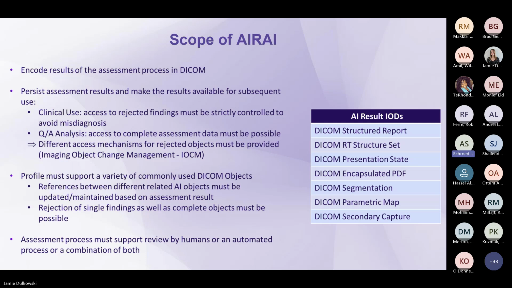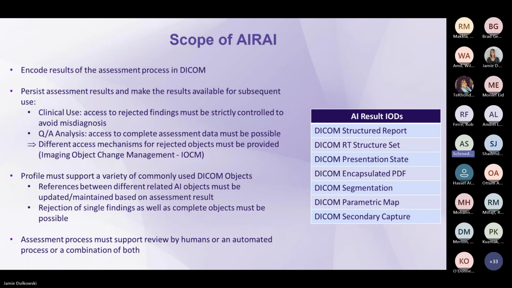So for the scope of this profile, what we wanted to achieve. One big assumption that we put into this whole thing is that we want to encode the results of this assessment process in DICOM. And we wanted to persist this data, these assessment results, for the two use cases, as I had mentioned them, for the clinical use, as well as the QA analysis.